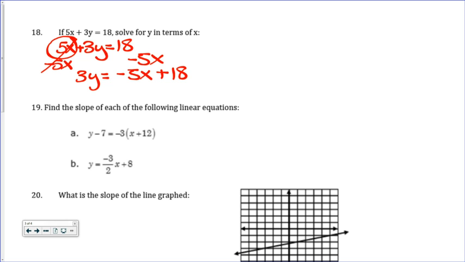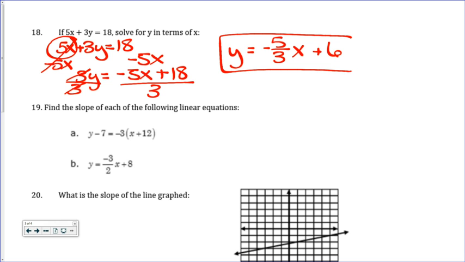And then our last step, we're going to divide by 3, so these cancel. And then we have to divide this entire side over here by 3. So we're left with y equals negative 5 over 3. That doesn't simplify, so we're going to leave it as a fraction. And then 18 over 3 does simplify, so we have plus 6. So again, notice how solving this equation for y gives us an equation in slope-intercept form.